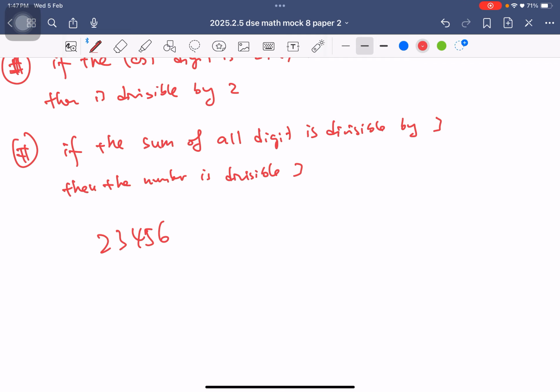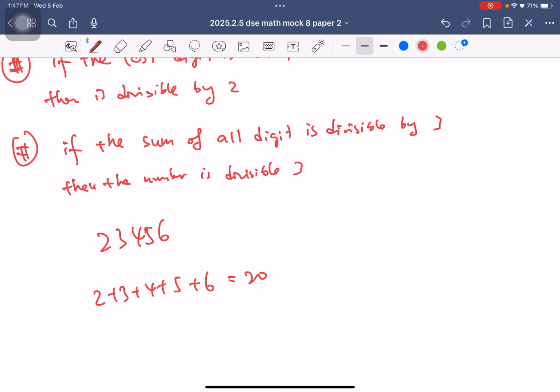What you need to do is check, as I said, if the sum of all digits is divisible by 3, you need to calculate. So 2 plus 3 plus 4 plus 5 plus 6 gives you 20. Is 20 divisible by 3? No. So 23456 is not divisible by 3.